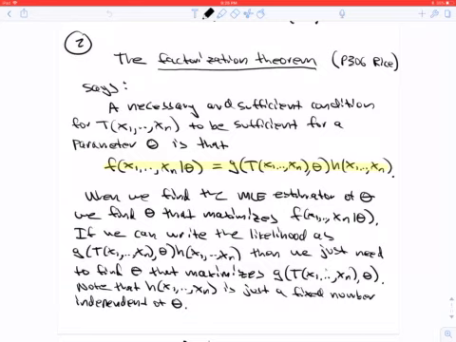Concerning data reduction, the factorization theorem is what you need to understand here. The factorization theorem says that a necessary and sufficient condition for a statistic to be sufficient for a parameter theta is that the likelihood factorizes as a function of the sufficient statistic and theta, and a function just involving your data.